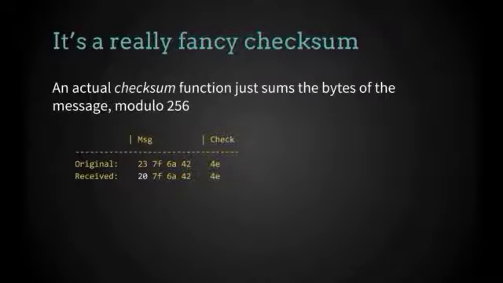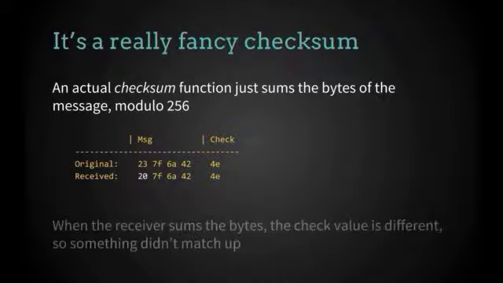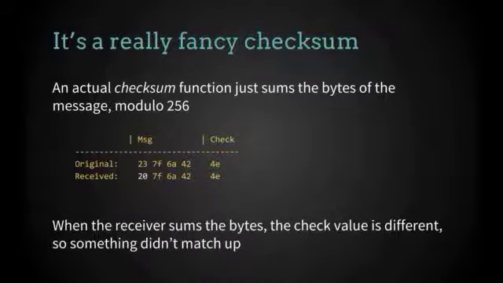So here's an example, and you can see between the original and received the difference in that highest byte. And so what will happen is when the receiver gets that message and sums the bytes, the check value will be different than the check value that was sent. So it's clear that something didn't quite match up.